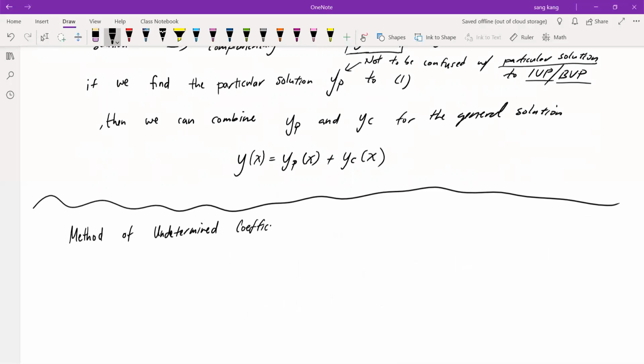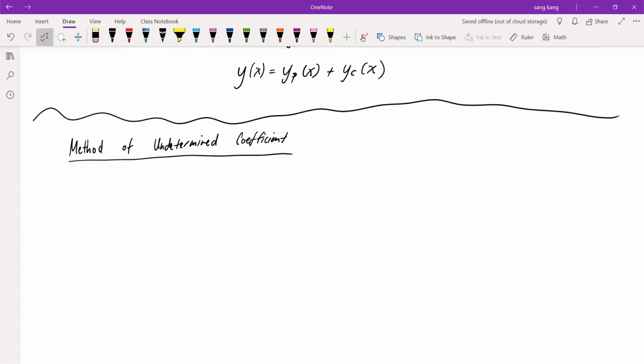So remember, when we were dealing with first order, we had a couple different techniques. We had the linear first order as well as a separable, and there were two different techniques of solving different classes of differential equations. And there's also different techniques for second order non-homogeneous, but right now we're only going to deal with the method of undetermined coefficients.